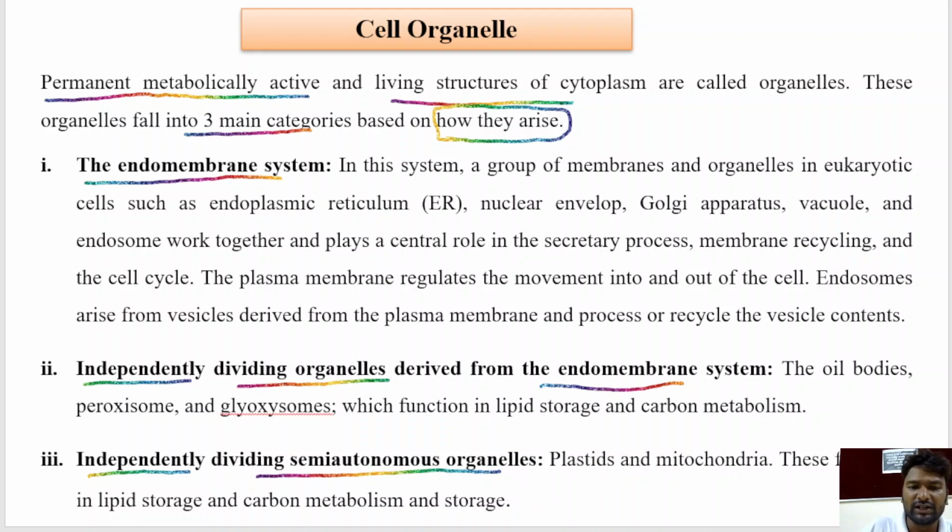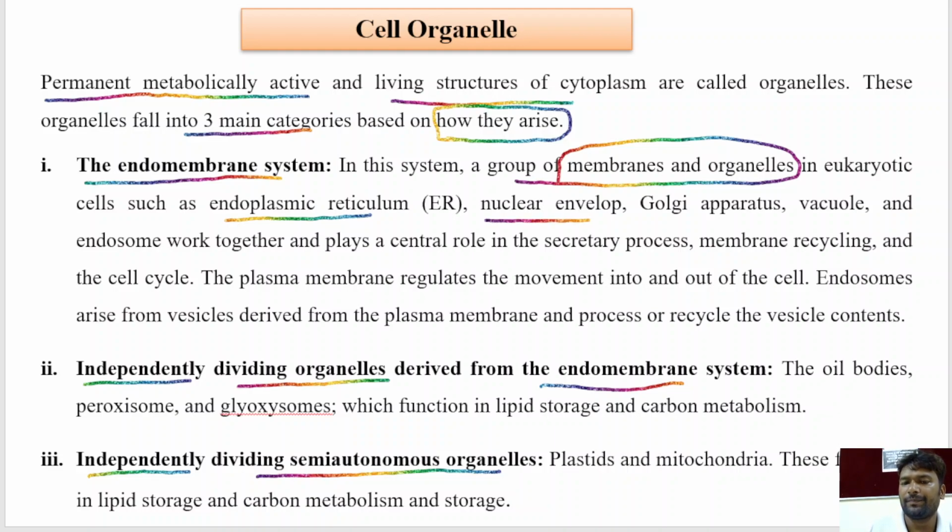So friends, in the first system, we include the group of membranes or organelles like endoplasmic reticulum, nuclear envelope, Golgi apparatus, vacuoles, and endosomes. Together, these play a central role in protein secretory process, membrane recycling, and the cell cycle.